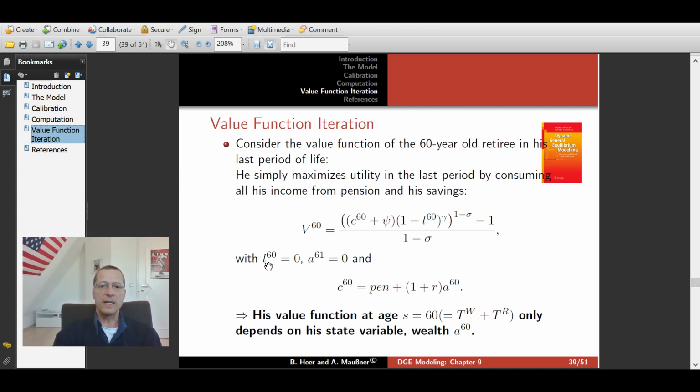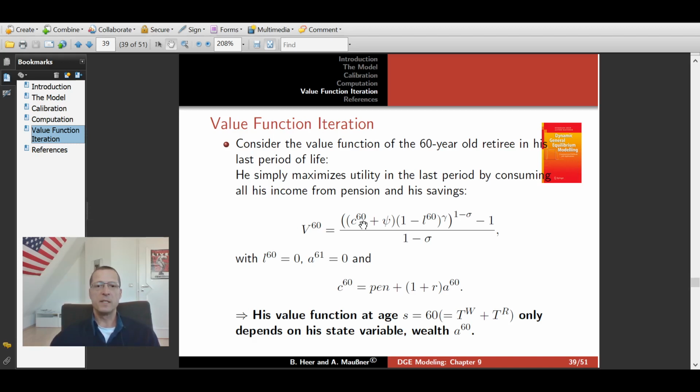So wonderful, the household knows what to do. The labor supply l_60 is 0, so that his leisure is equal to 1. Next period wealth is equal to 0, and his consumption is equal to the pension income plus the interest income, R times A_60, plus his wealth, which he consumes completely. So we can substitute this into the value function at age 60, which is simply the utility in his last period of life.